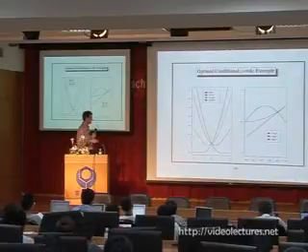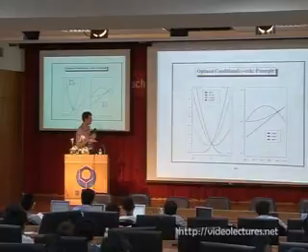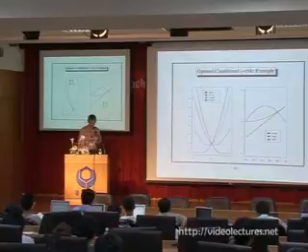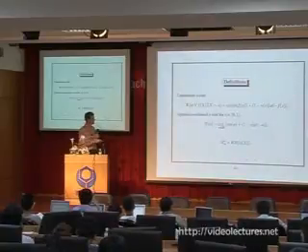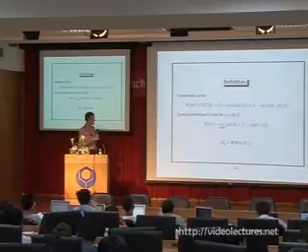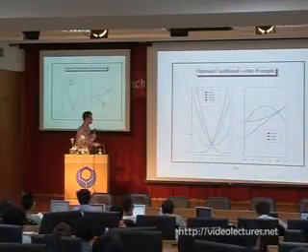Similarly, the green is when eta is 0.3, so it's 0.3 times the black, 0.7 times the blue. And then h is the minimal value of this thing for a given value of eta.